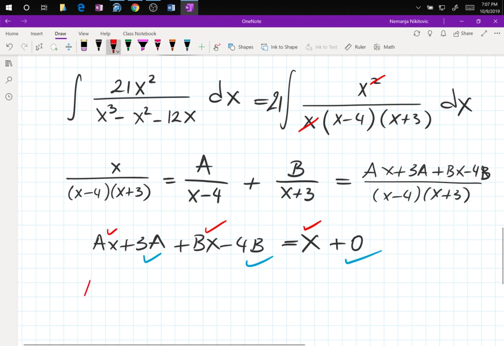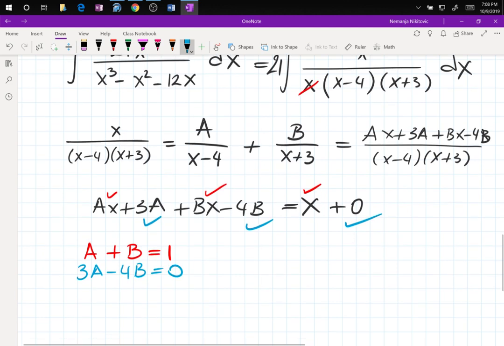Red equation is A plus B equals 1, right? When you get rid of the x's, A plus B equals 1, which is the coefficient of x. And then the blue equation, 3A minus 4B is equal to 0.